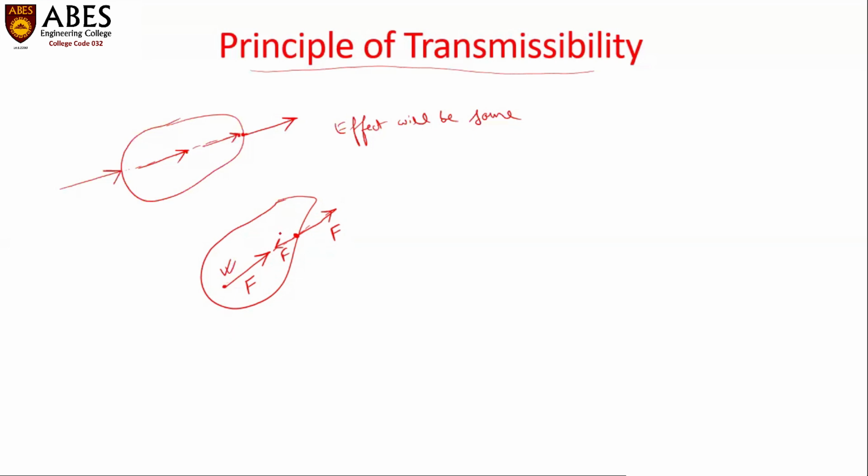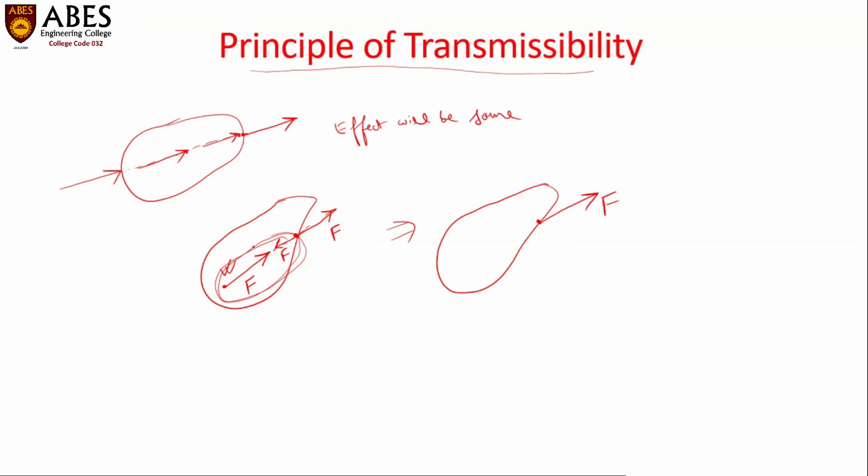Now, if we couple these two forces together, clearly we can see that these two forces cancel each other out. So if we remove these two forces, only one force will be there on the object. The first and second forces have been cancelled out because of their opposite directions and equal magnitude.